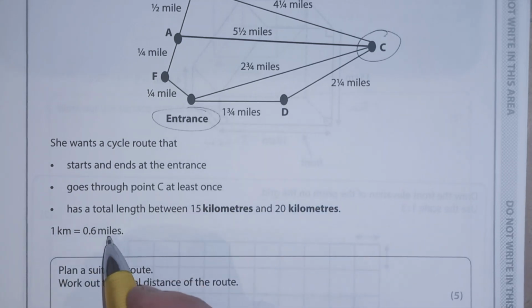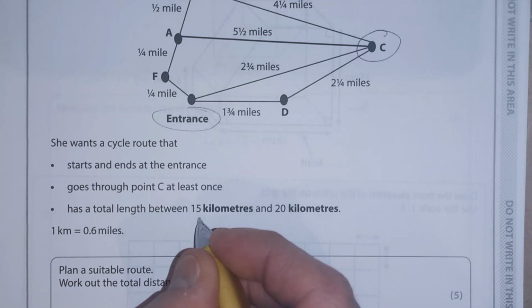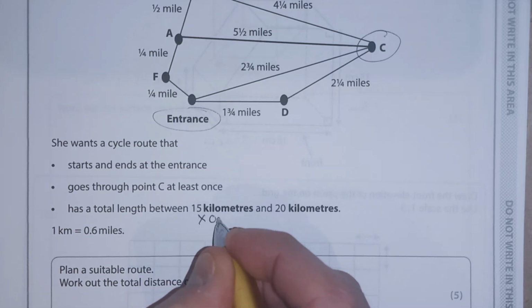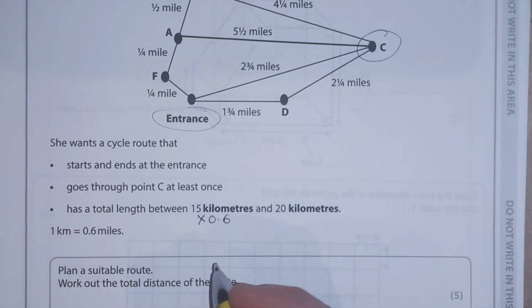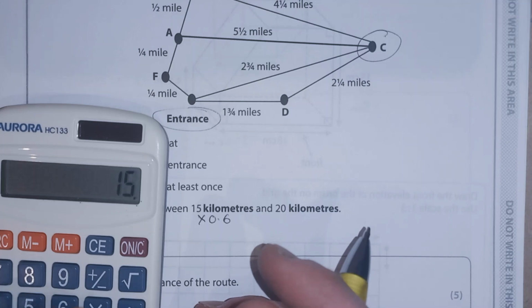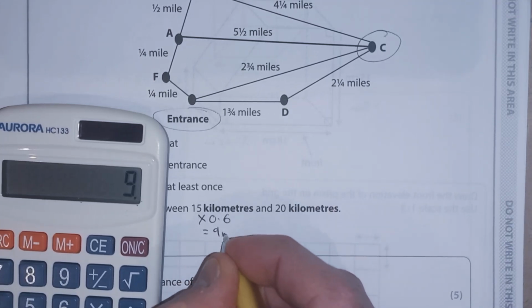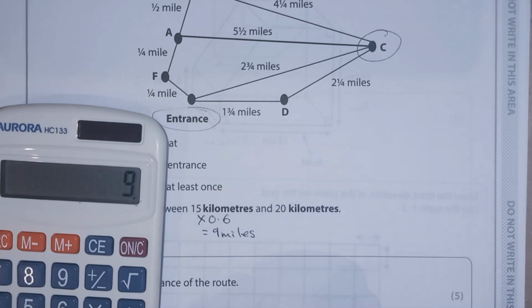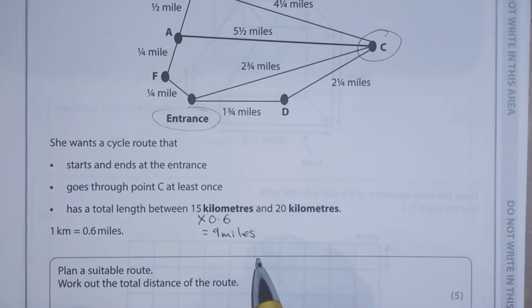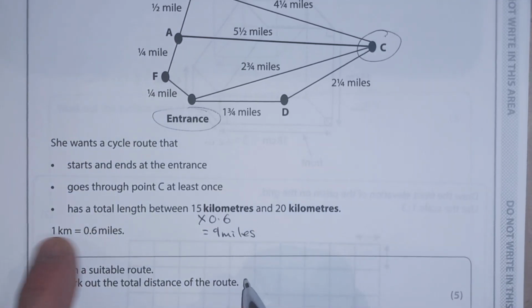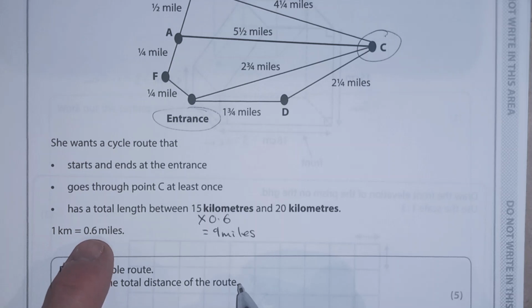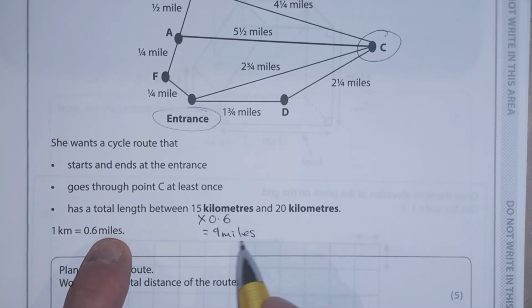Well, if 1 kilometre is 0.6 miles, we need to multiply this by 0.6. And we get that that is 9 miles. As a check to make sure we've gone the right way, a kilometre is less than a mile because it's only 0.6 of a mile, so we should have fewer miles than kilometres, which is right.